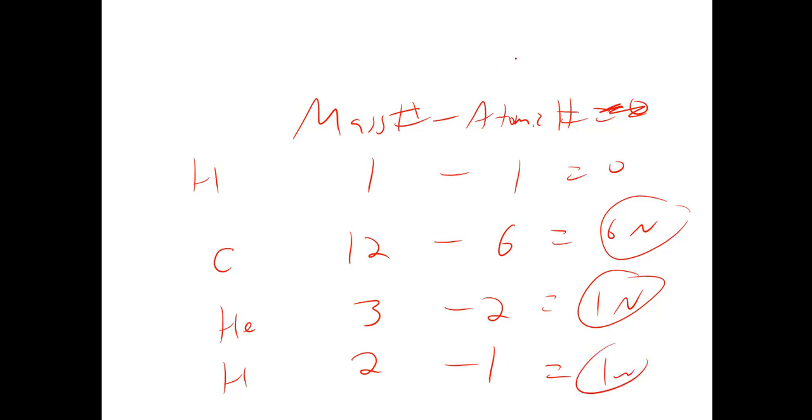So a couple things. Atomic numbers never change for an element. So carbon will always have an atomic number of 6. Matter of fact, it's the number of protons that determines the element.